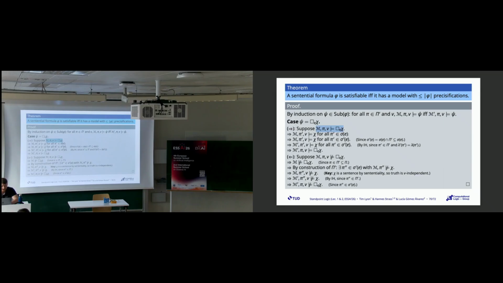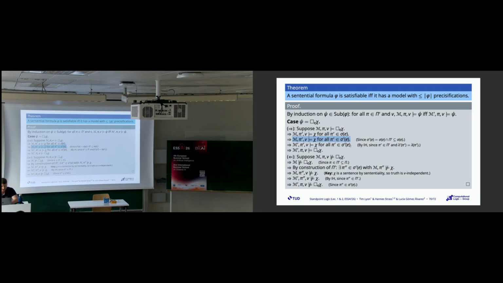Well, then by the semantics, that means that chi holds in all precisifications pi prime in the interpretation of E. Now, since we have that sigma prime in this pruned model is a subset of the original sigma, this implies that chi holds relative to m and all precisifications pi prime occurring in the interpretation sigma prime of E.